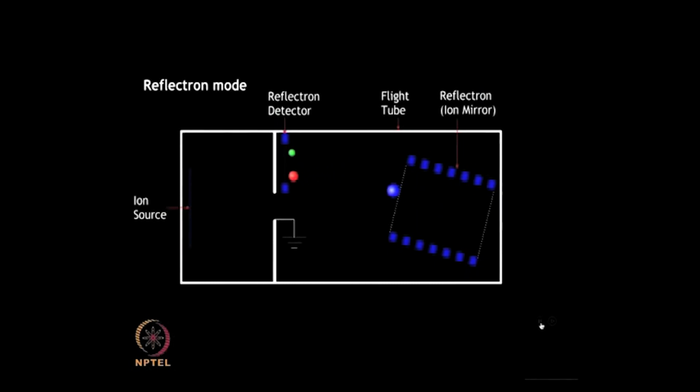So, rather than using very long time of flight tubes, by including the reflectron ion mirrors, we can increase the path length. This helps to even out any kinetic energy differences between the ions having the same mass, thereby improving the resolution.